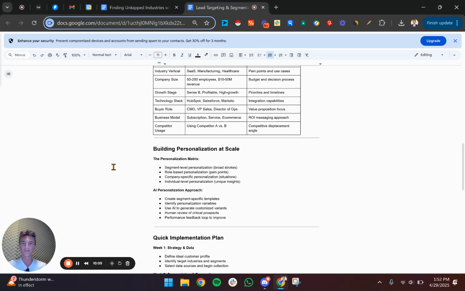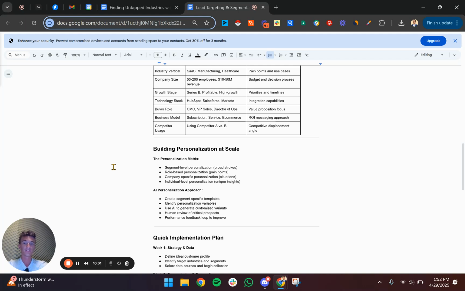Maybe they just raised a funding round. Maybe they're in seed versus Series B or D, right? Individual level personalization as well. That's something like if somebody posted about some type of pain point, or if somebody's engaged in a specific type of content, that could be really useful there as well.